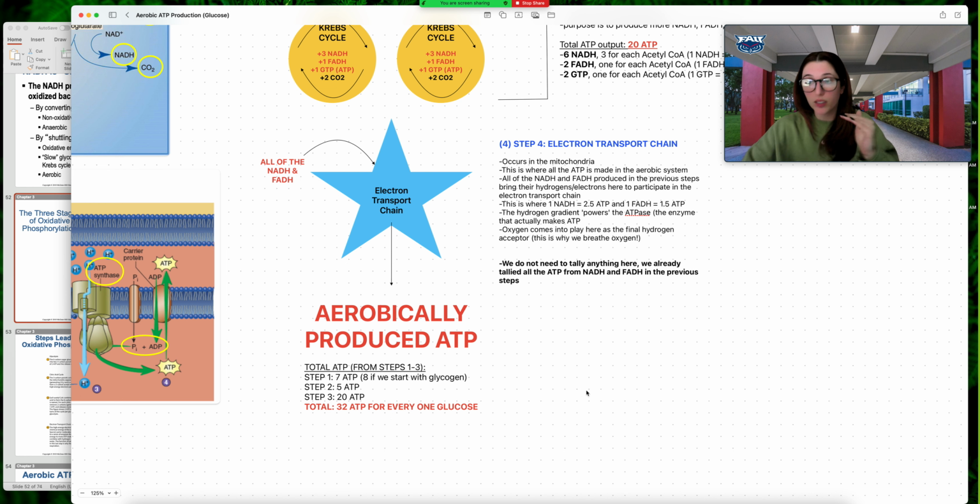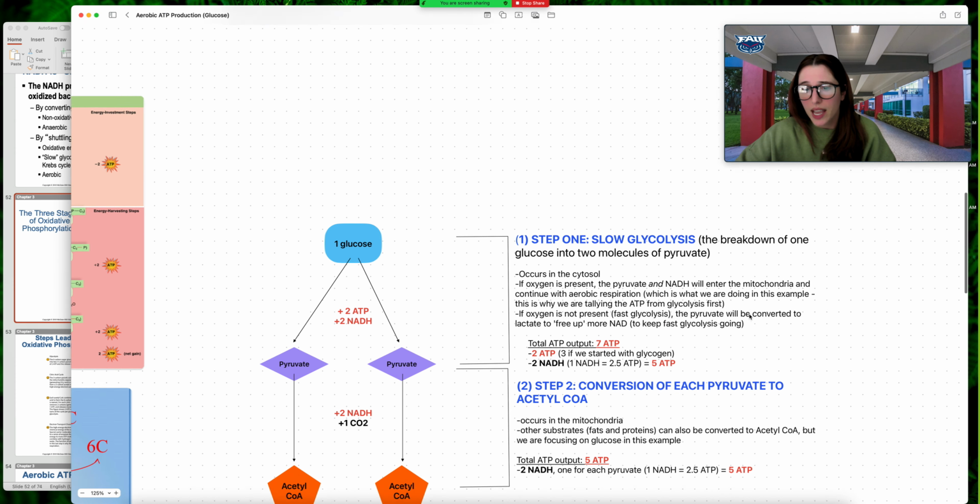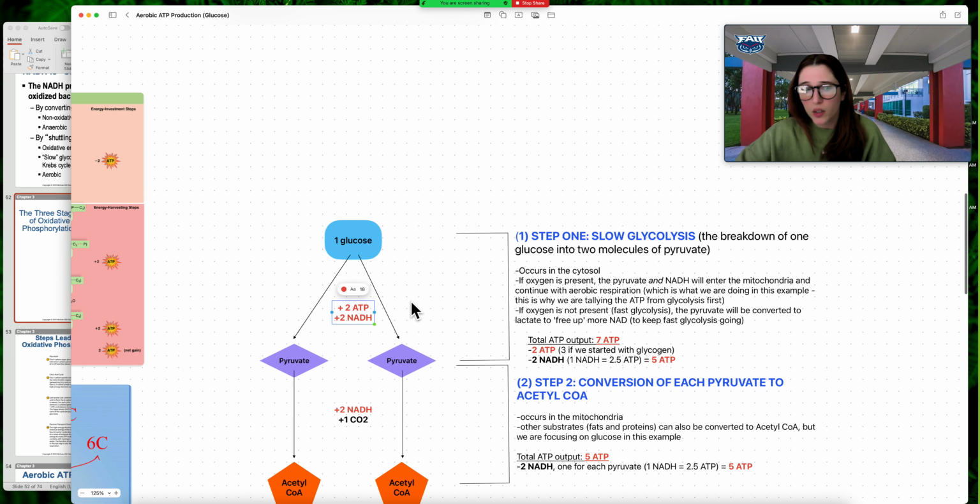Okay, so this is where it's happening all along the way. Now, I didn't really say, well, why is it 33 if we started with glycogen? Well, very simply put, in step 1, we actually will produce 3 ATPs in this step if we start with glycogen.